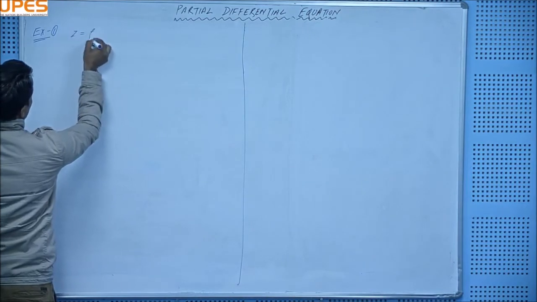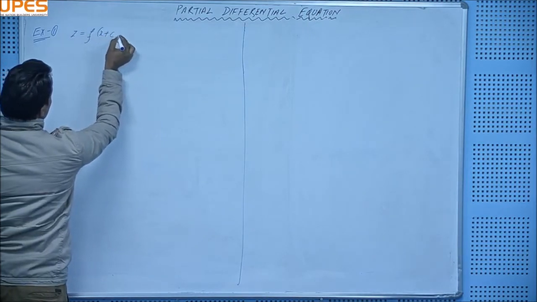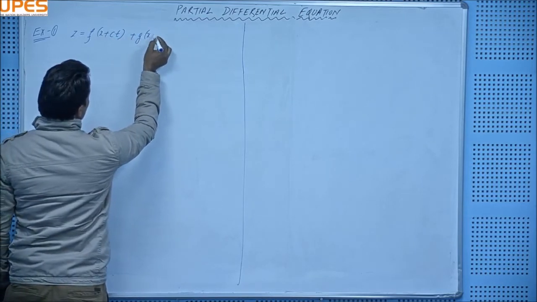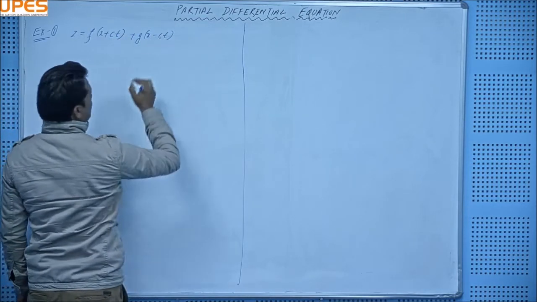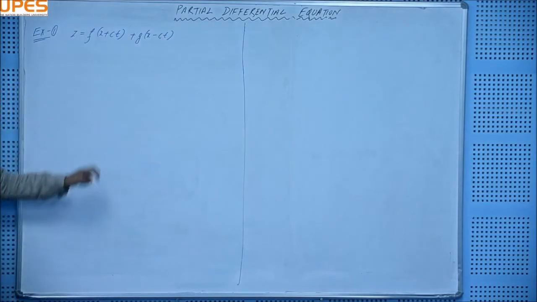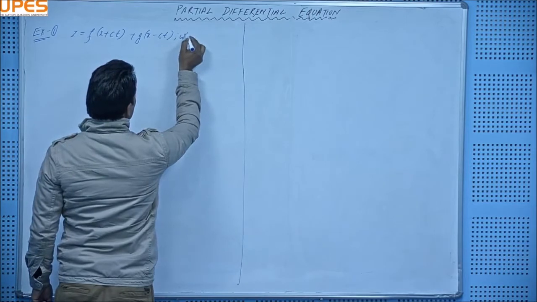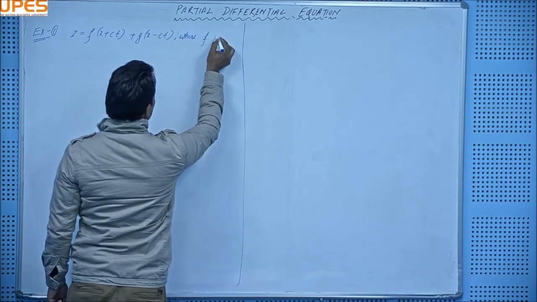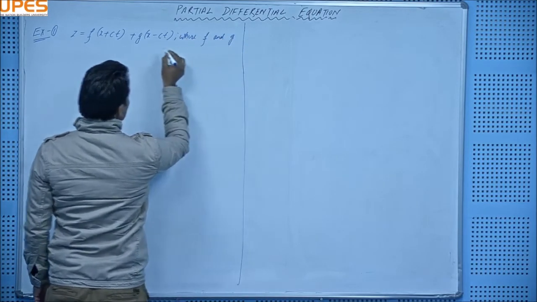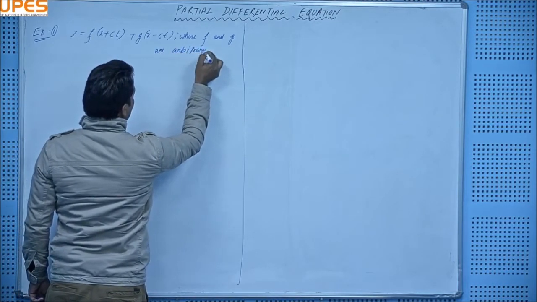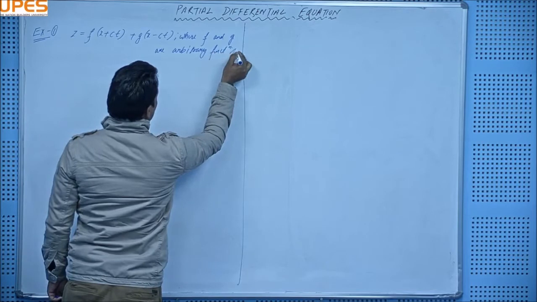z is equal to f(x plus ct) plus g(x minus ct), where obviously f and g are arbitrary functions.